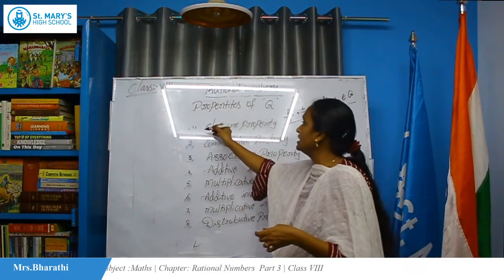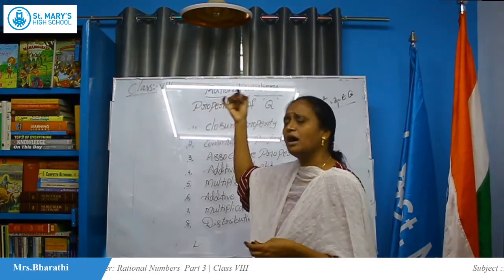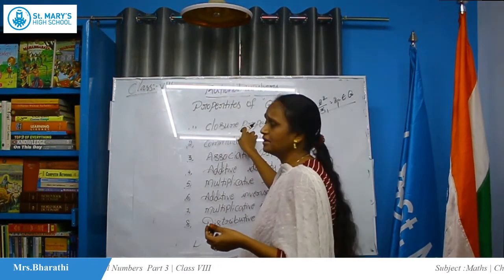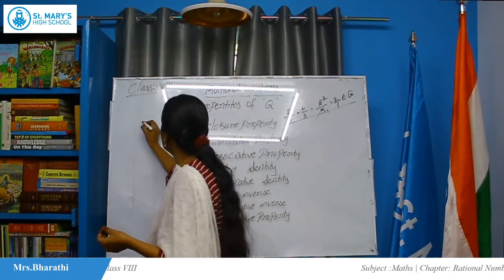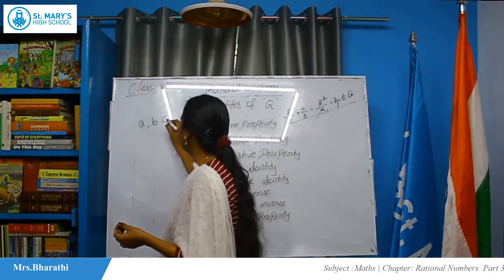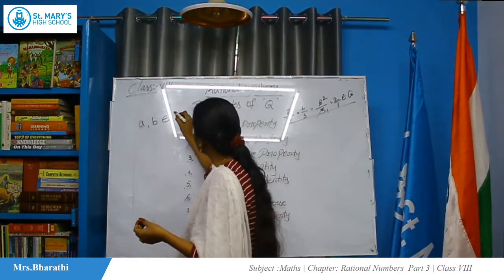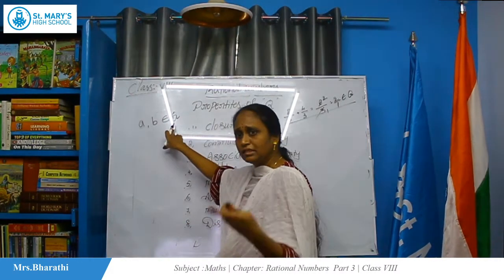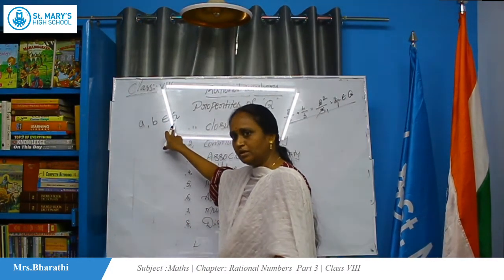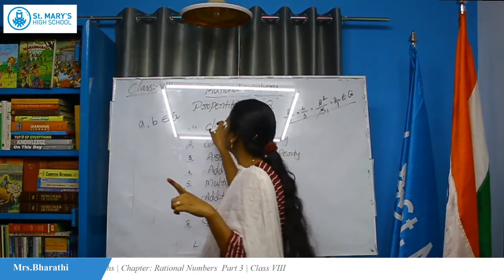What is the general form of the closure property for rational numbers or any numbers? The general form: a, b belong to rational numbers. Then the sum of 2 rational numbers is always a rational number.